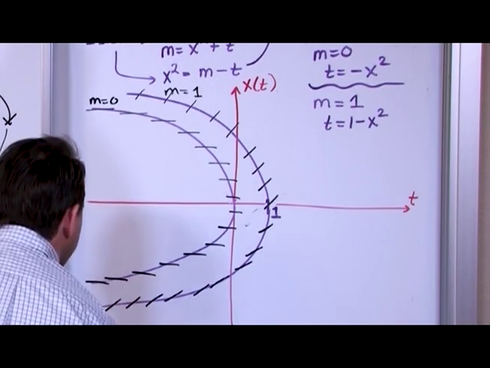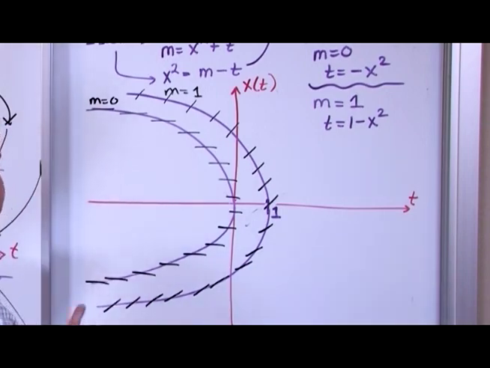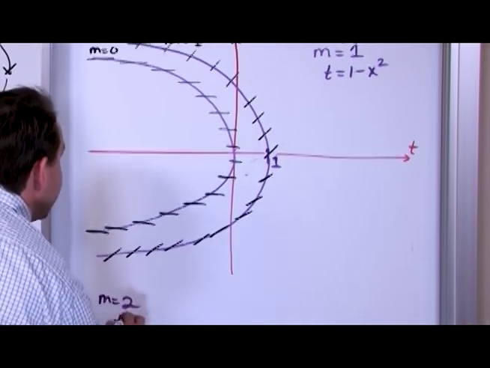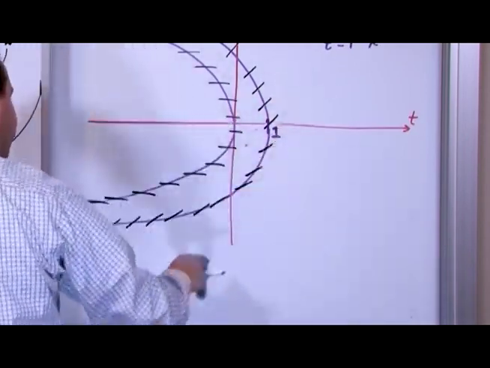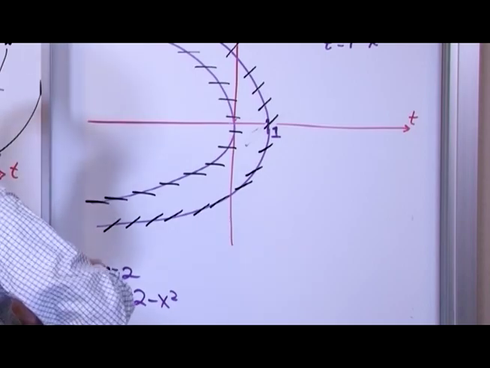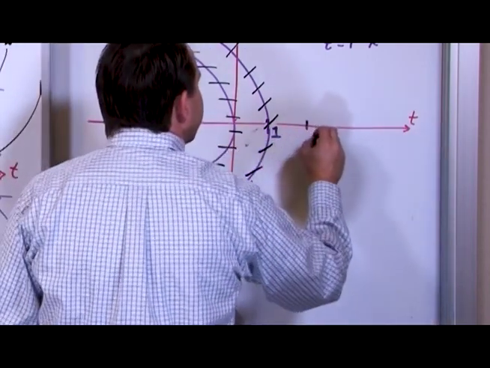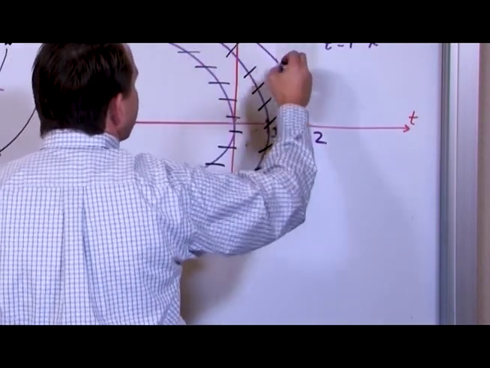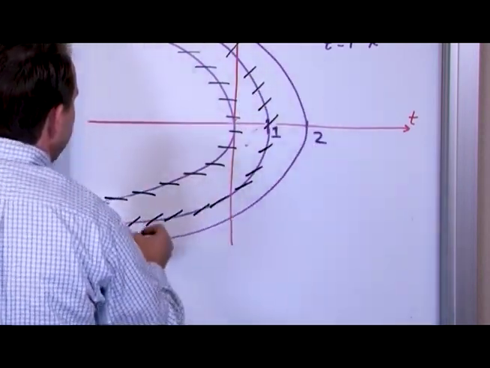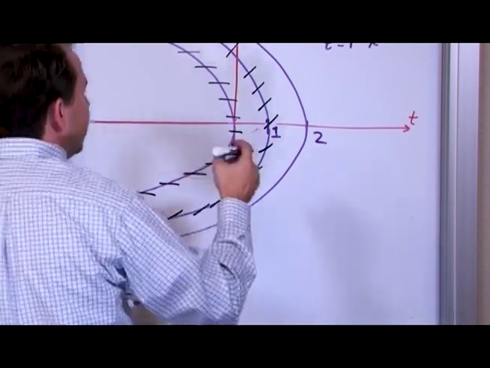What about when m is equal to 2? When m is equal to 2, then t is going to be 2 minus x squared. So it's the exact same curve, but I shifted over two t units to the right. So here is t is equal to 2. And so this parabola is going to come in and go out like this. And the graph is going to be even steeper.